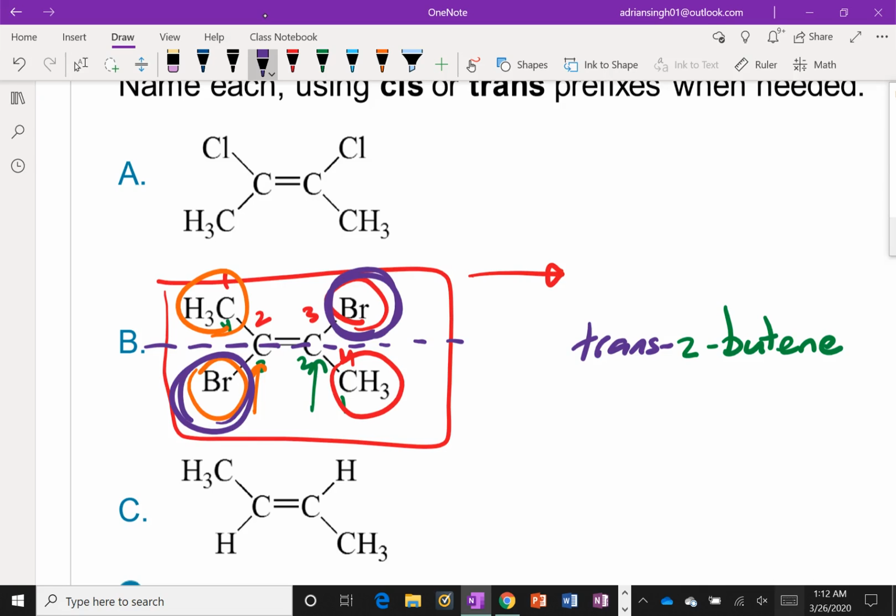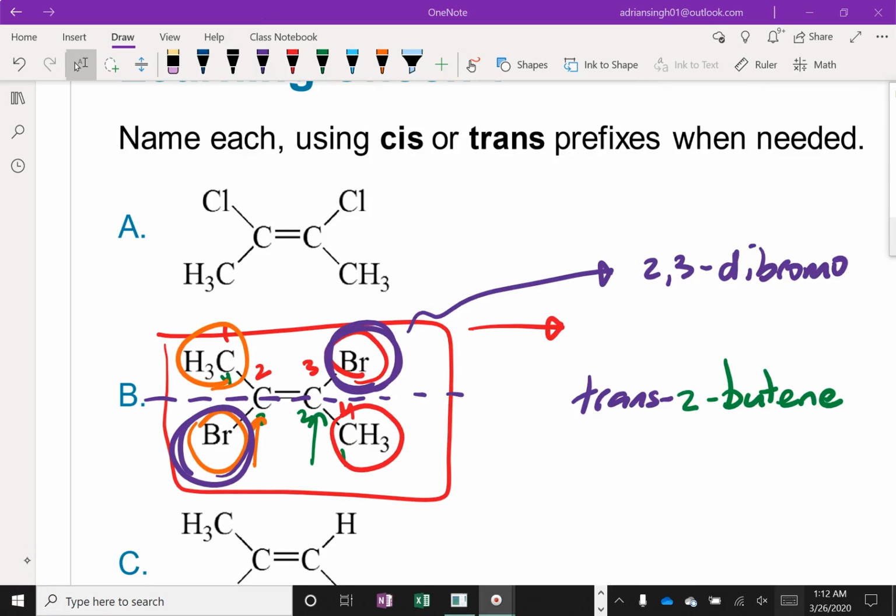But don't forget that we also have bromine in here, and they're on carbons 2 and 3. So we did forget that it's 2,3-dibromo that we forgot to include in the name. All right, so let's go ahead and incorporate that because we did forget.